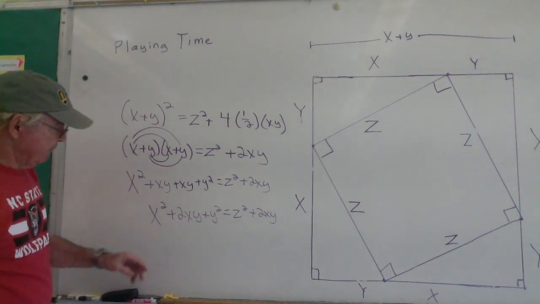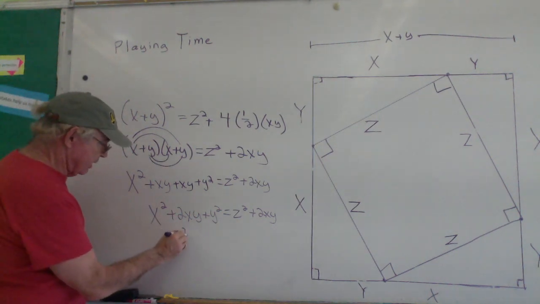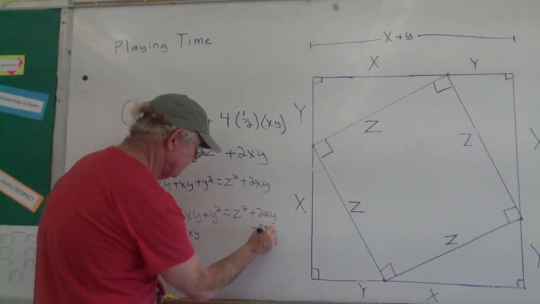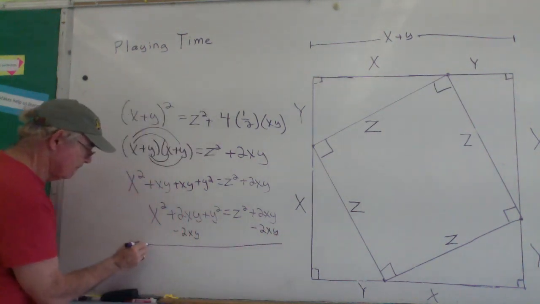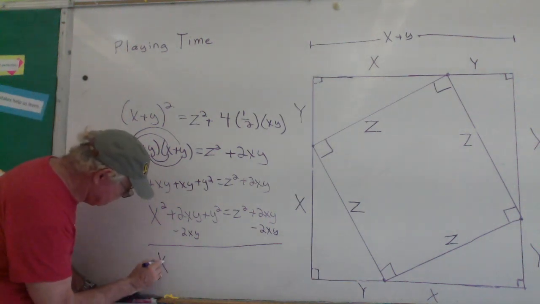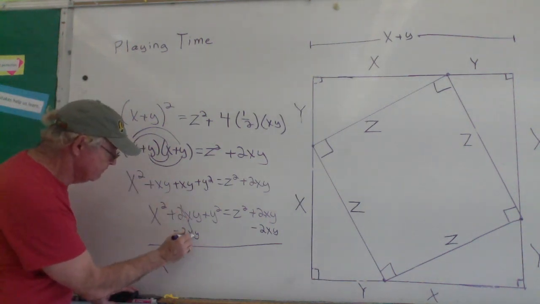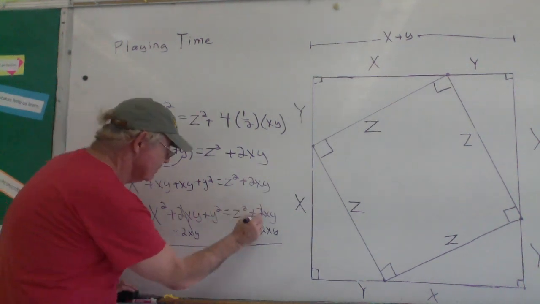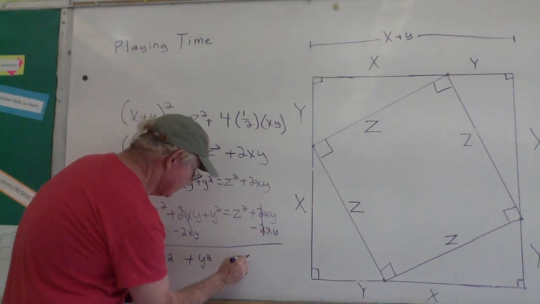And notice they both have 2xy, so we subtract it. We got x squared plus y squared is equal to z squared.